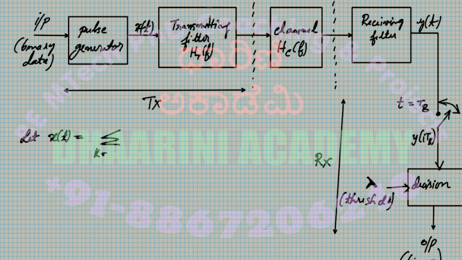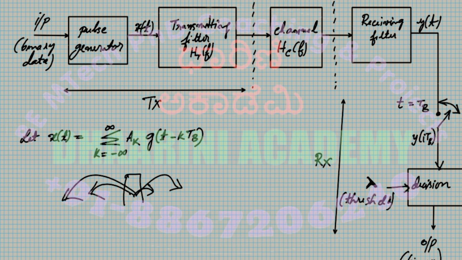Sum over k equal to minus infinity to plus infinity of some amplitude a_k into a pulse signal, normally the pulse is g of t, but it is shifted by k times T_b, correct? g of t is here, maybe shifted to the right, g of t minus T_b, shifted further right, t minus 2T_b, shifted to the left, plus T_b, plus 2T_b, plus 3T_b, and so on, right? So you can see that shifting can happen from minus infinity to plus infinity. All right, so let me call this equation number 1.